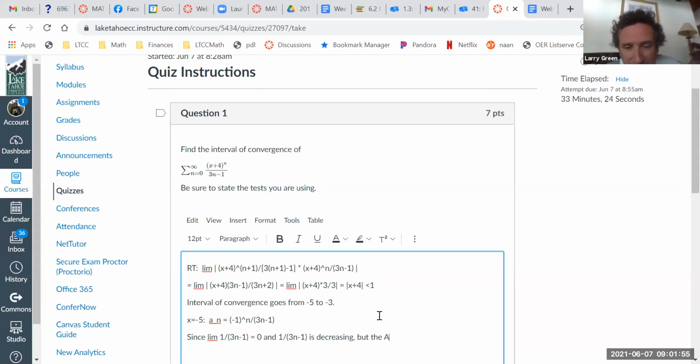By the alternating series test, what is the conclusion? Yeah, the series converges at x equals -5.